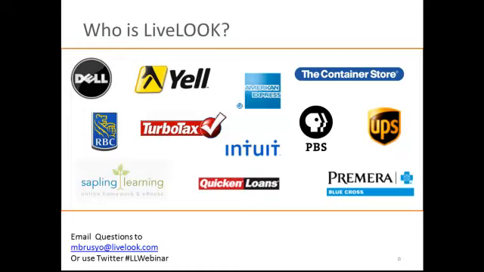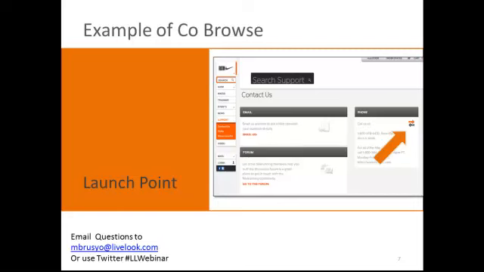I want to give you an example of CoBrowse, basically the user experience, and show you how simple it is. CoBrowse starts with what we call a launch point. LiveLook provides some JavaScript code to your IT organization that manages your web, and that launch point gets placed on your website so that the customer can initiate a CoBrowse session.